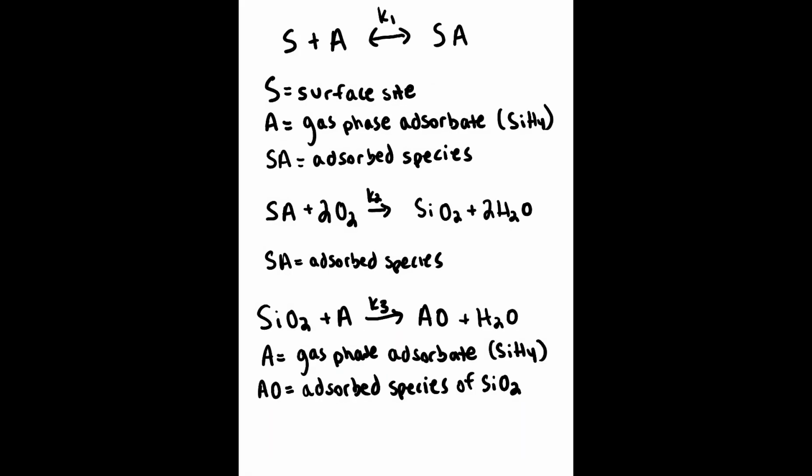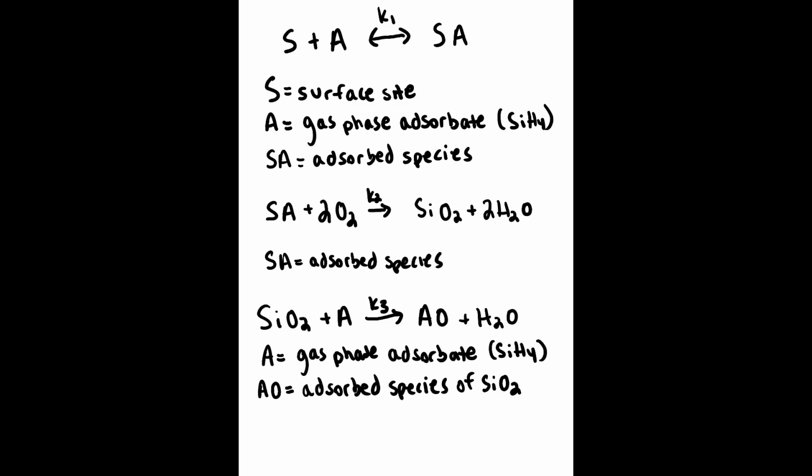S plus A going into SA, where S is the surface site, A is the gas phase adsorbate, and SA is the adsorbed species. SA plus 2O2 going into SiO2 plus 2H2O, where SA is again the adsorbed species.